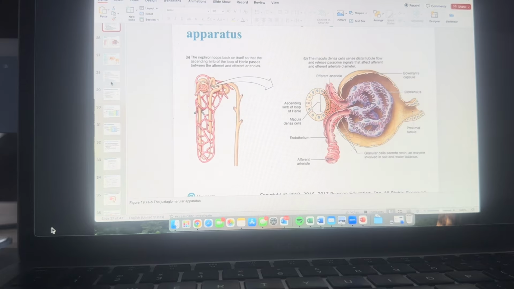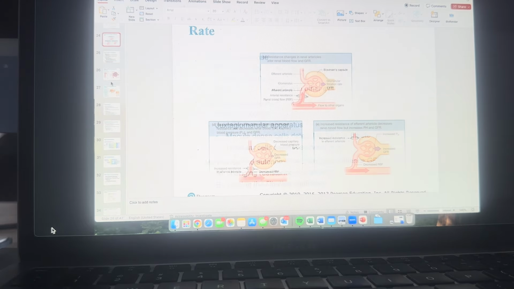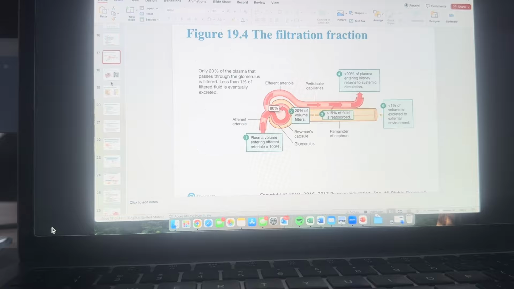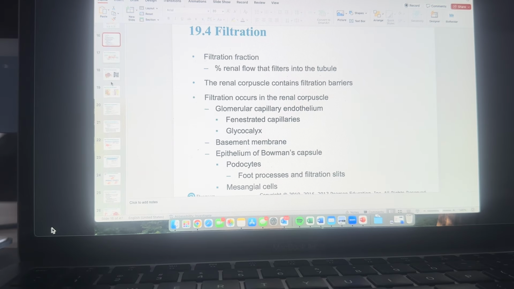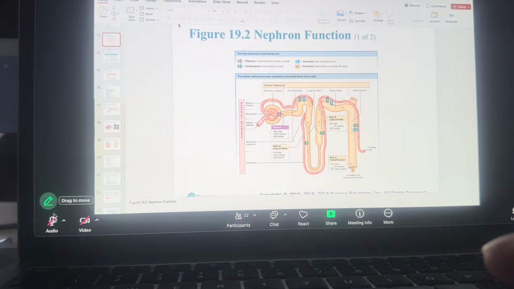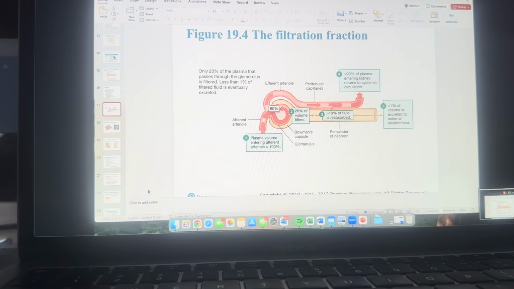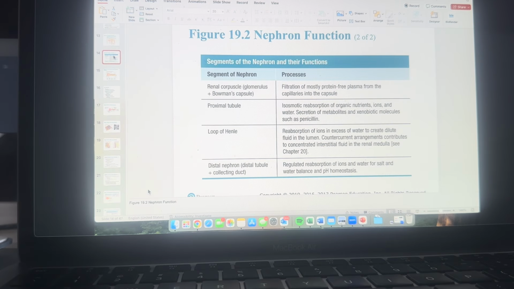Labeling? No, a lot of it's just function. If it's labeling, it'll probably be which one of these portions along the tubules undergoes filtration, and either you'll have to label it or match it. But for the most part, it's just going to be straight multiple choice questions. You should definitely know this, this is the important part.